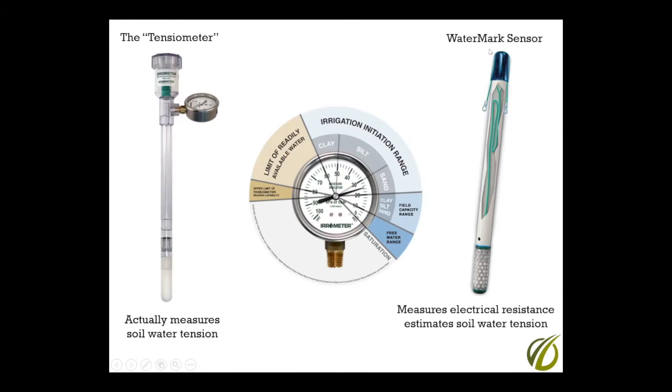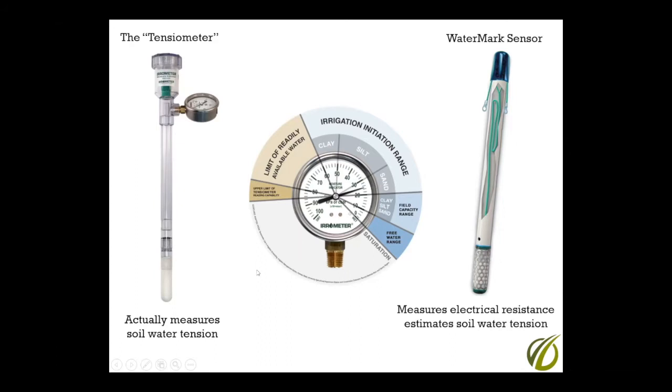These Watermark sensors use electrical current. This sensor is actually measuring electrical resistance, and they have an equation in place that estimates soil water tension based on that electrical current that is measured. Most people nowadays are familiar with the output of these Watermark sensors in terms of centibars of pressure needed and the irrigation thresholds involved there.